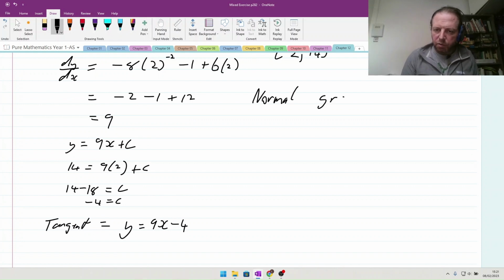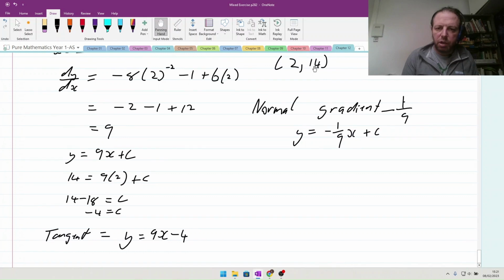The normal will have a gradient of the inverse of 9, which is 1/9, and also a negative. Okay, so we start with y equals minus 1/9 x plus c. We can then put the (2, 14) coordinate into it because it crosses at that point.